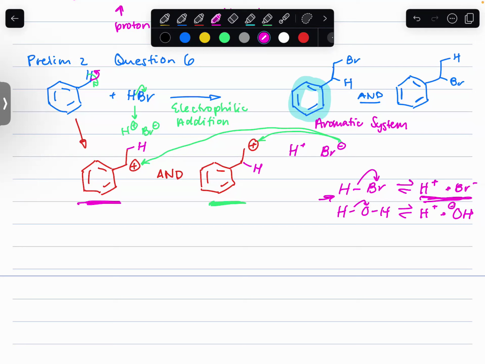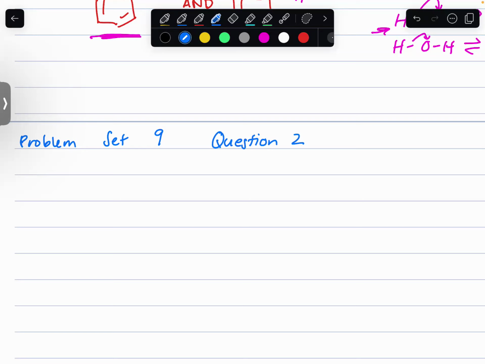Problem set 9, question 2. So this question took a lot of research or perhaps Googling, because you had to figure out what disulfide bonds were and bridging across alpha helices.